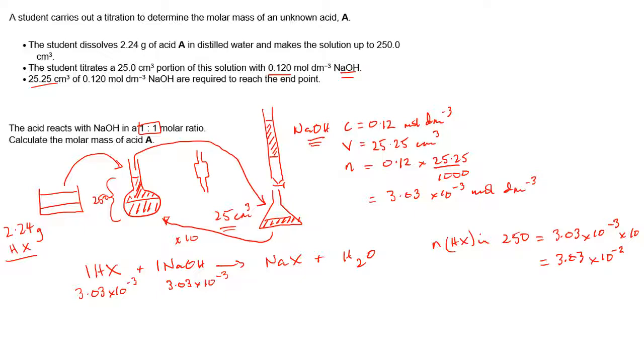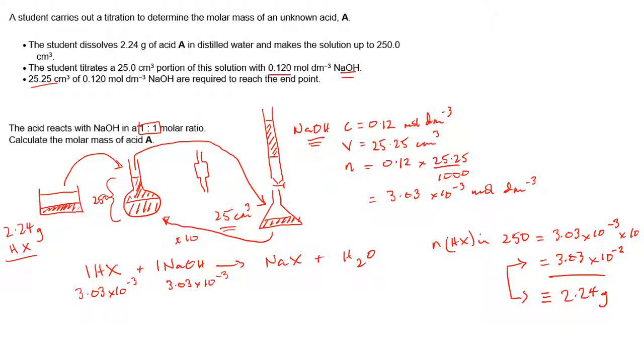That number is the moles of HX that were in our volumetric flask, which is the same as the moles that were in our solid. So this corresponds to 2.24 grams.